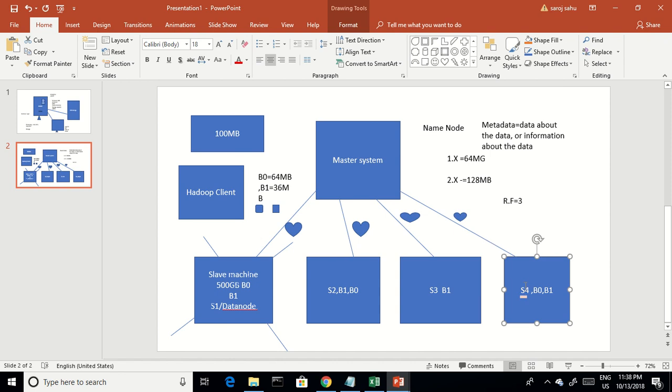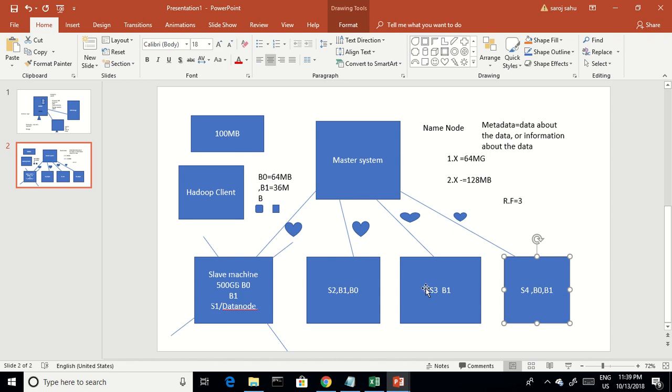As well as that, all the slave nodes will send the block report every 1 hour. I'll tell you what a block report is, what information it has, and why it is required, in my upcoming sessions. Due to the heartbeat signal and the block report, the master node knows which machine is working, and at what point of time this machine is capable of storing or processing any data or not.